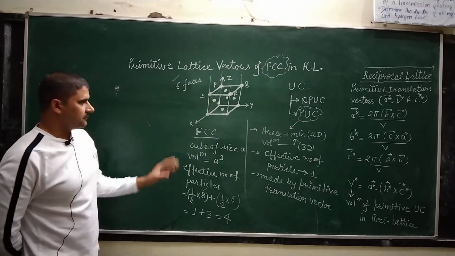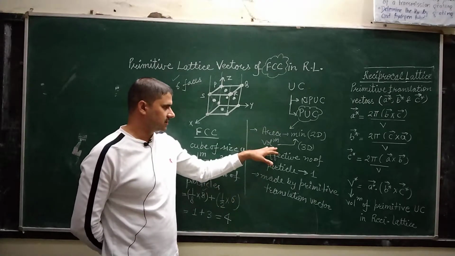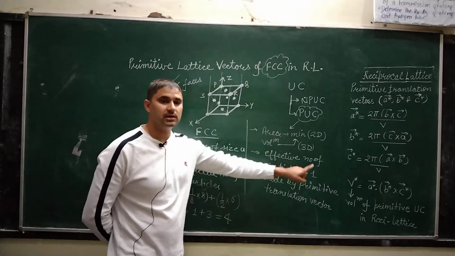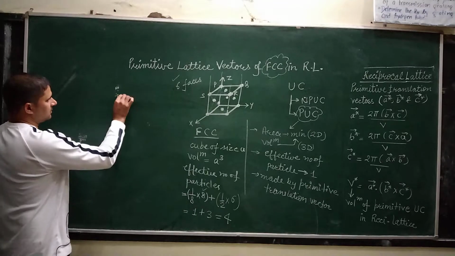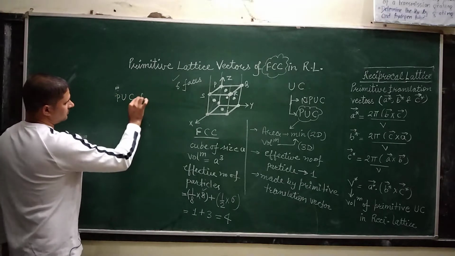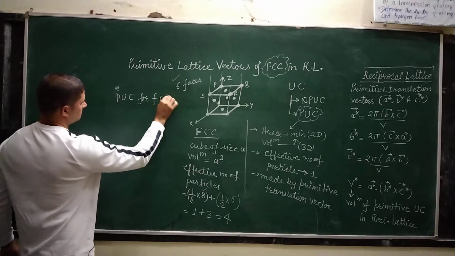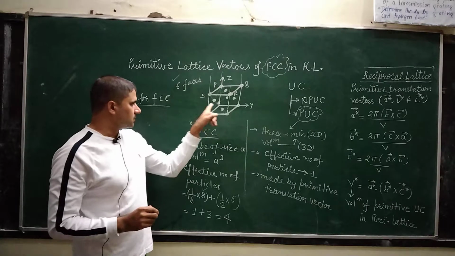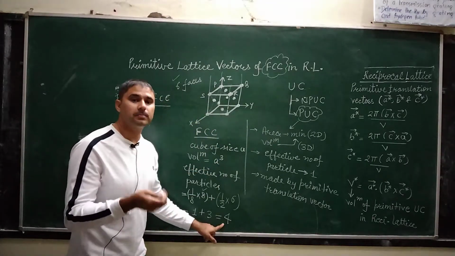If you want to see the property of a primitive unit cell, it says that the volume must be minimum and the particle must be 1. So if we are to find a primitive unit cell for FCC, you see in FCC this volume A cube is occupied by 4 particles.